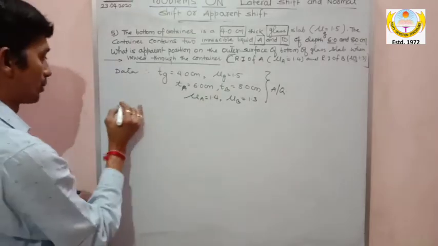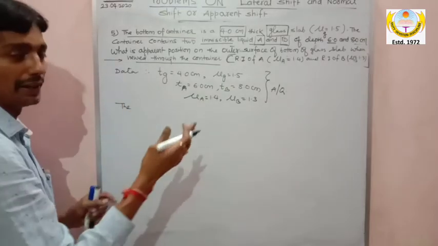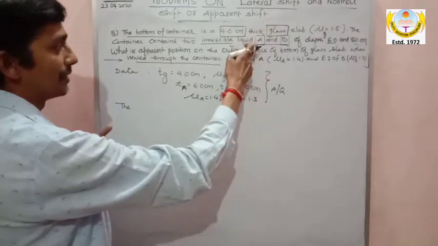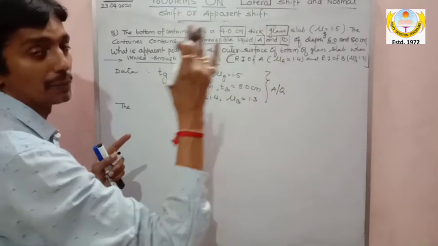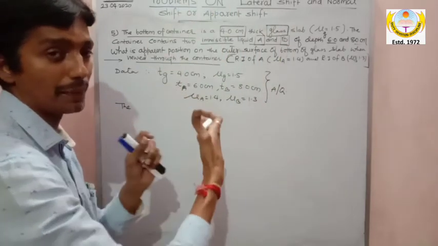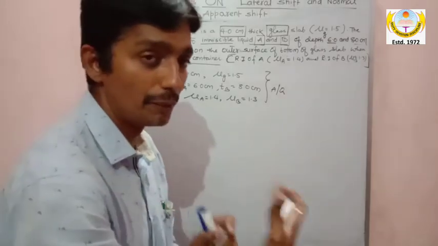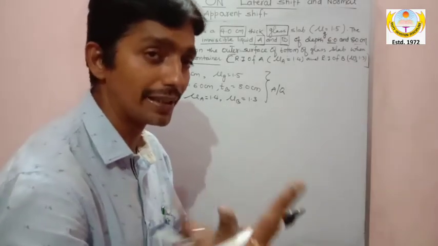Now my dear, I said there are three media: glass, liquid A and liquid B. Because of three media, the total apparent position shift will be the sum of all these three media.